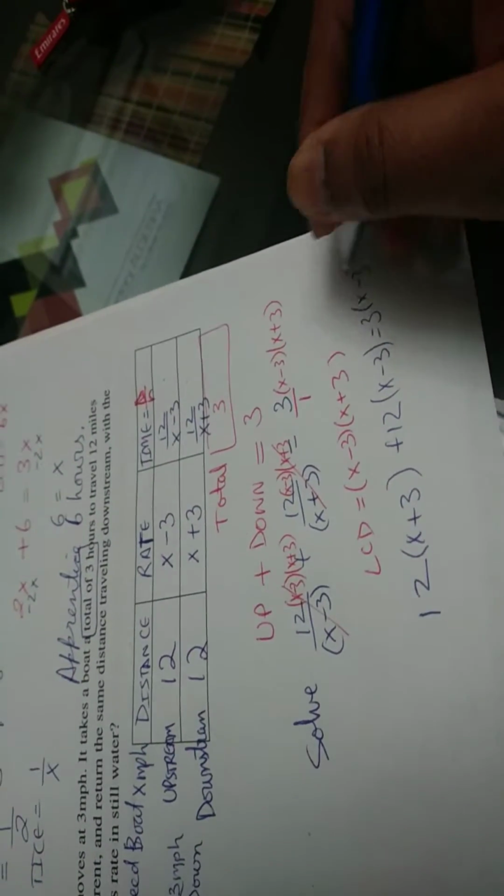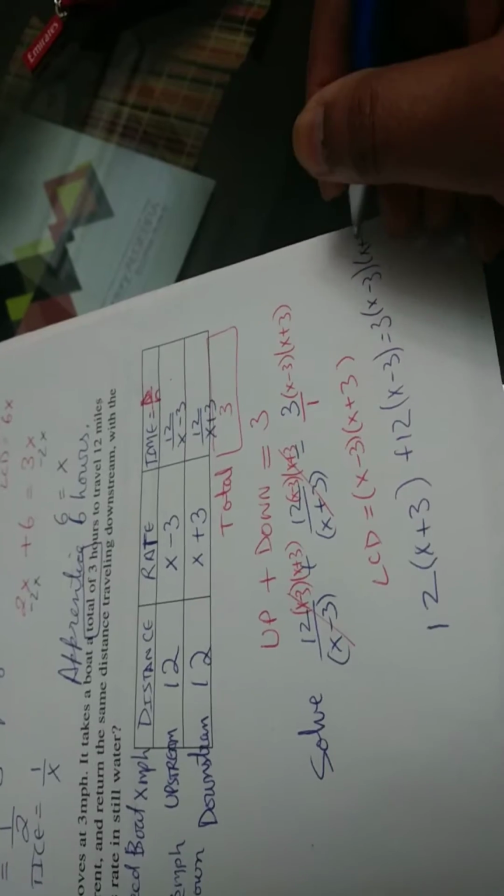Now what are we left with? We are left with 12 times x plus 3 plus 12 times x minus 3 equals 3 times x minus 3 times x plus 3.